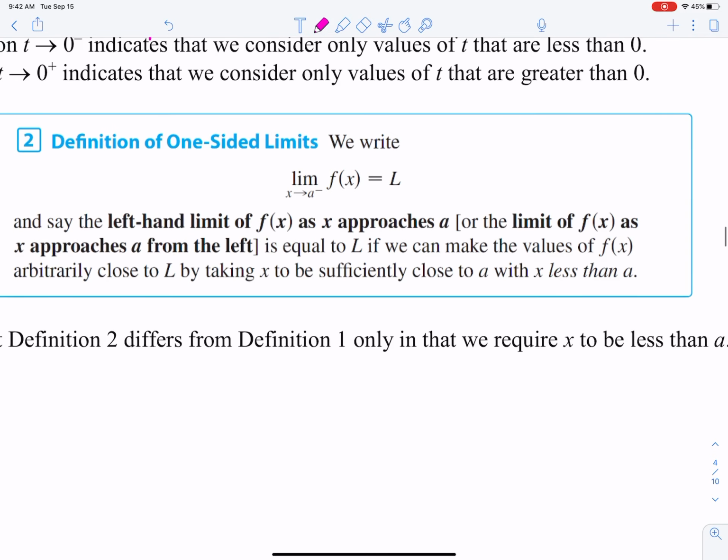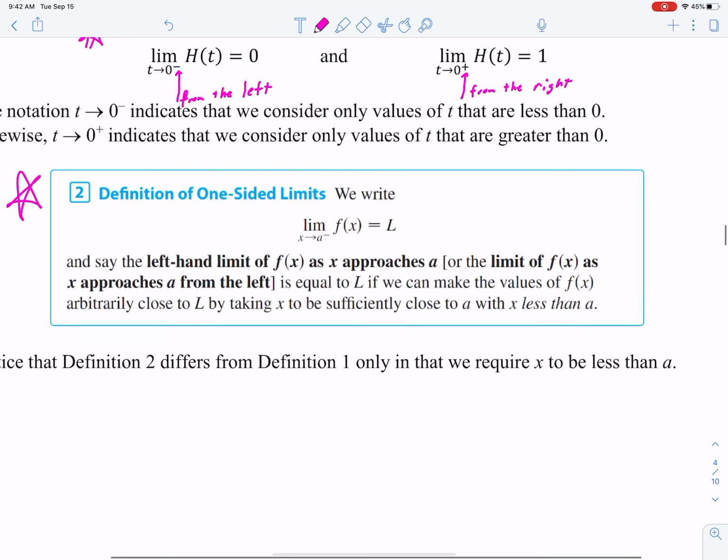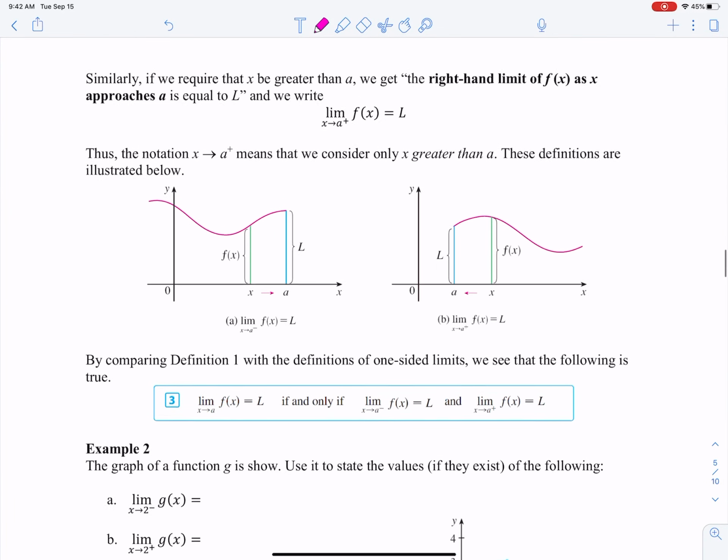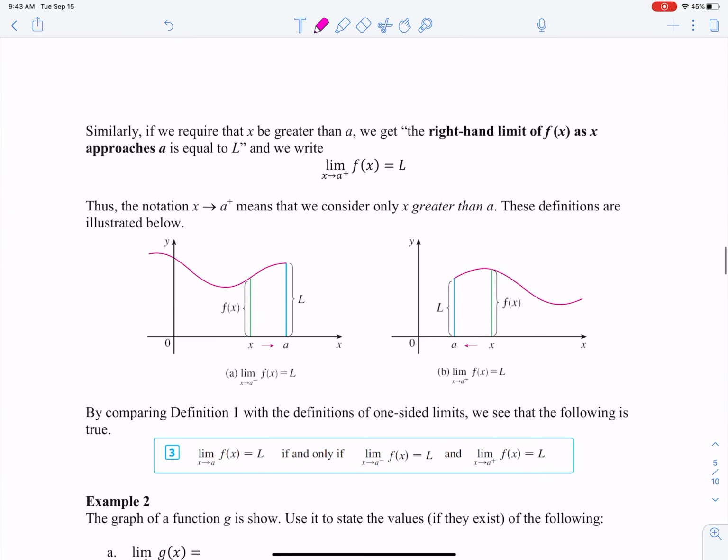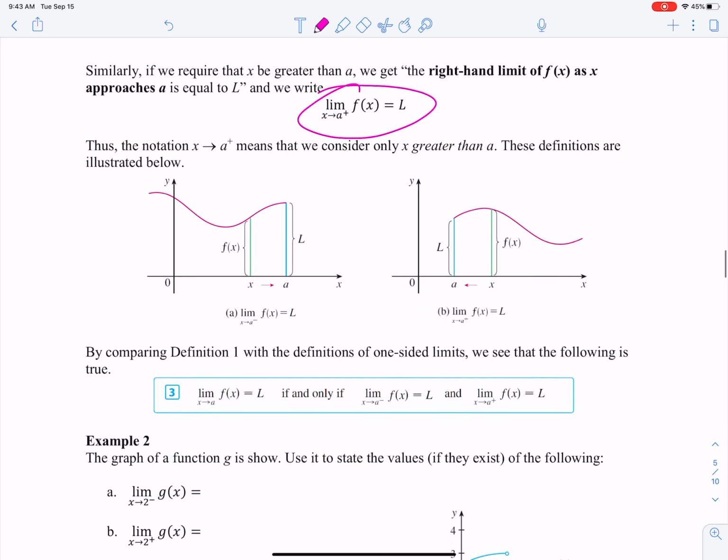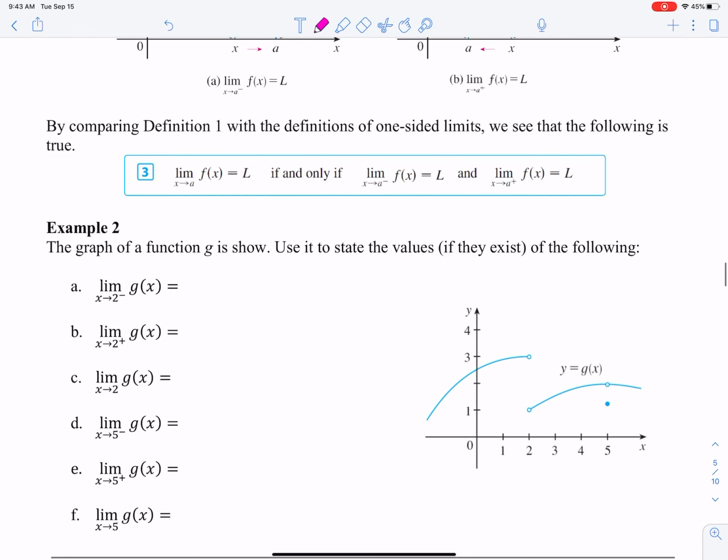All right, so this is what we were just talking about, right? So again, watch your notation. Little minus sign right there means from the left. And of course, the little plus sign means from the right. Okay, so let's go to right here.